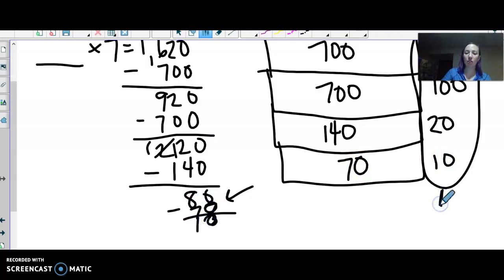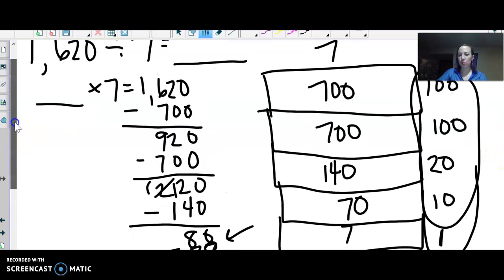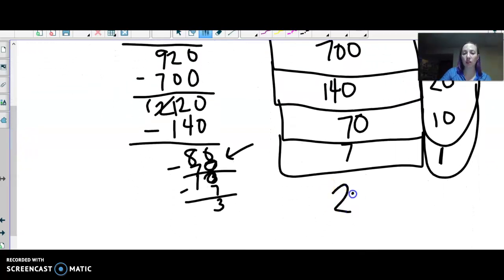And then I'm going to do another one group to get 7. Now when I subtract it, I'll get 3. Maybe you noticed that. Sorry about that. Now 100 plus 100 plus 20 plus 10 plus 1 is 231. And then I do have that remainder of 3.